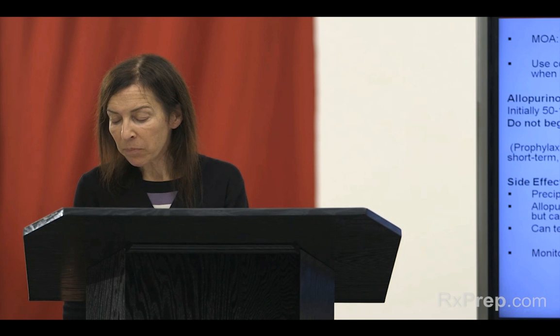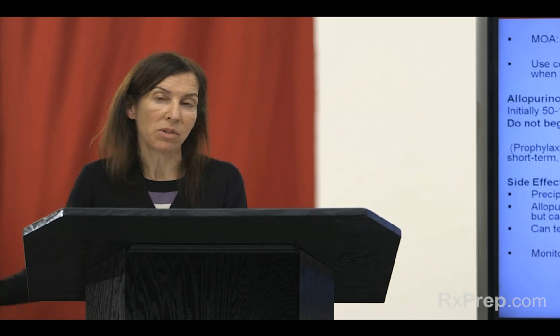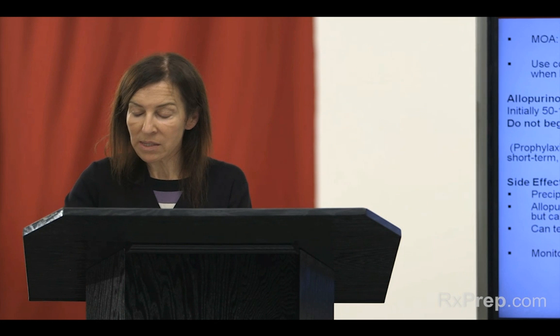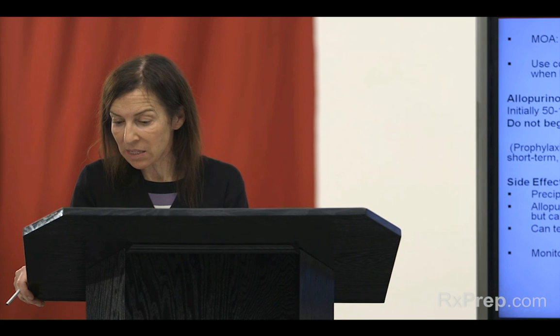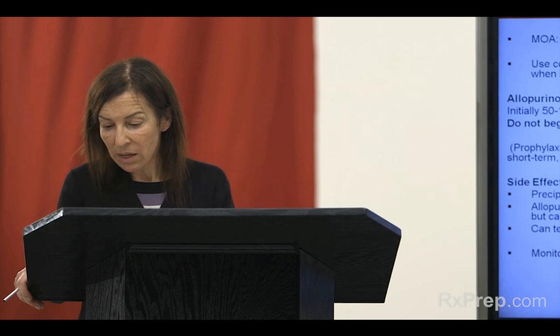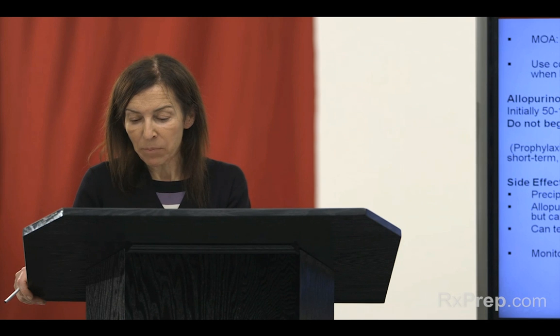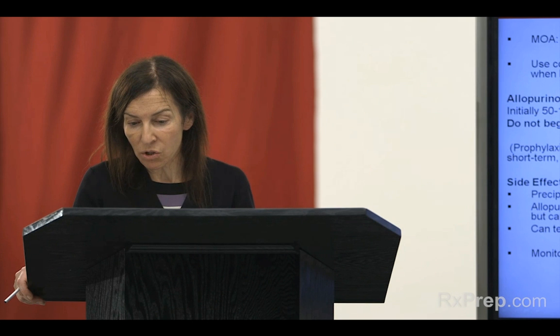With uric acid, kidney stones can be made out of calcium. In this case, it's specifically uric acid kidney stones. You cannot initiate it during an acute attack, and you have to watch out for hemolytic anemia. So with a G6PD deficiency, probenecid is a do-not-use drug.